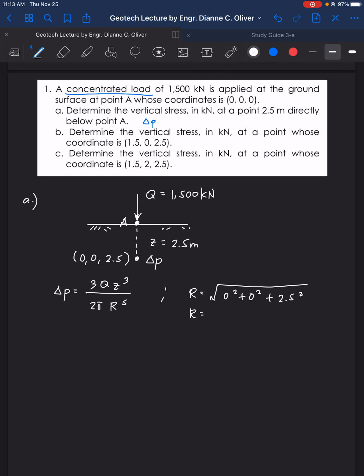So R is equal to 2.5 meter. So delta P is now equal to 3 times 1,500 times the z of 2.5 raised to 3, divided by 2 pi times 2.5 raised to 5. So, the answer here for delta P of letter A is equal to 114.6 kilonewton.